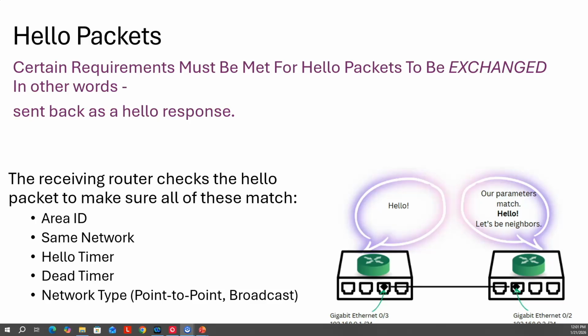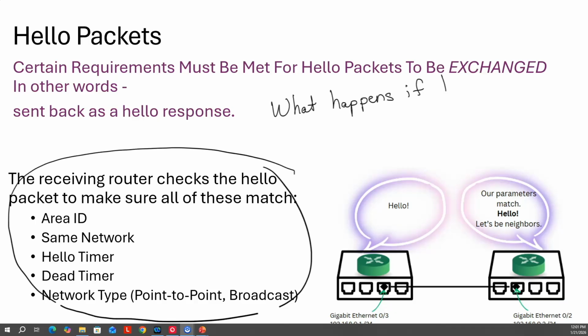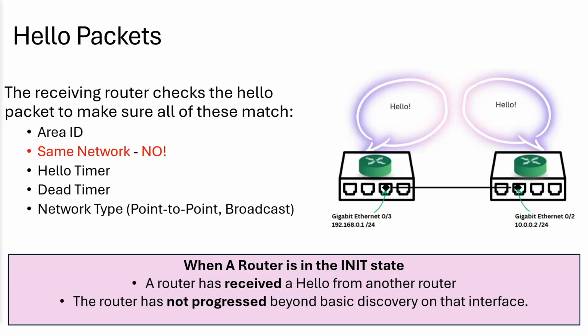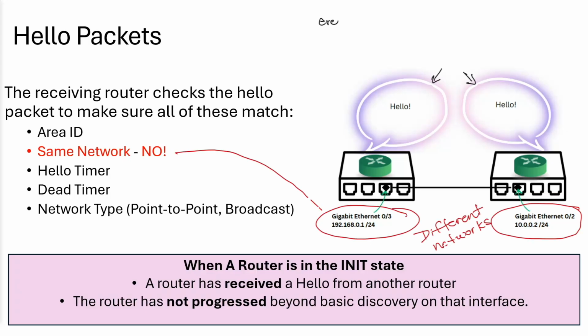You might be thinking back a couple of slides and asking yourself, what happens if the area ID, network type, or another required parameter doesn't match? That's a good question. When required OSPF parameters do not match, the routers do not form a neighbor relationship.